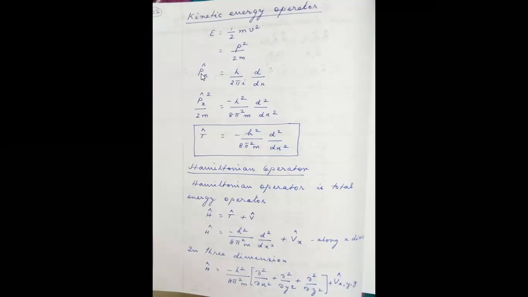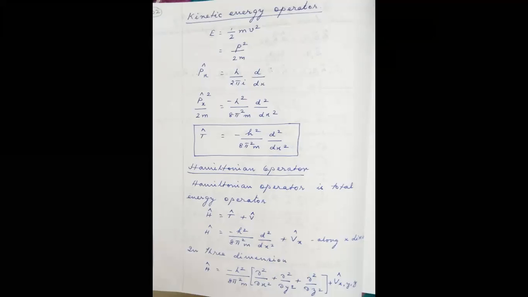So what is the p operator? It is h by 2 pi i d by dx. So what is p square?